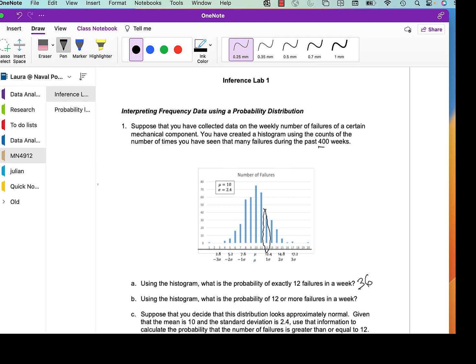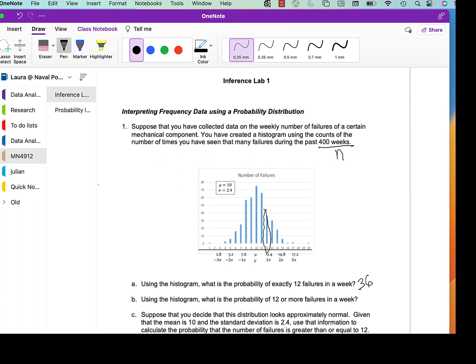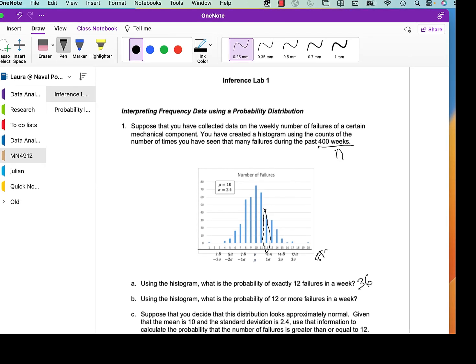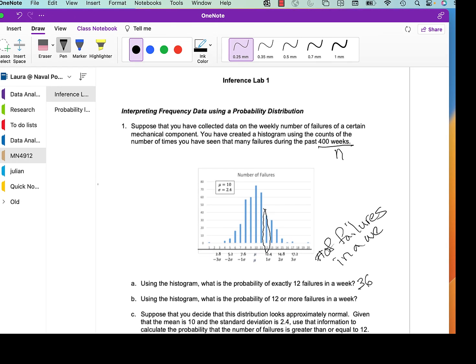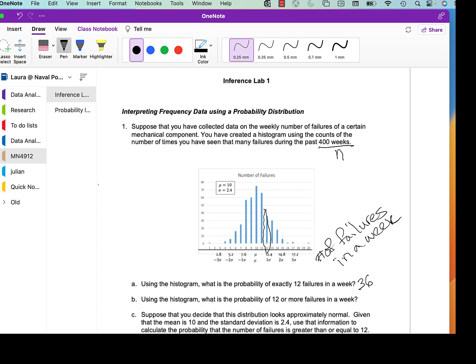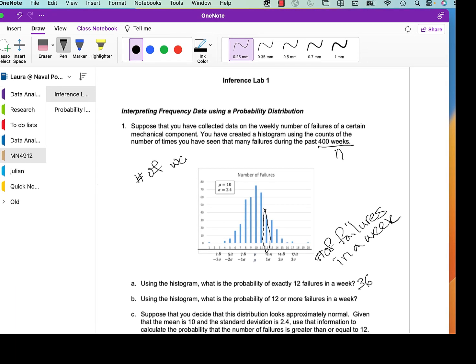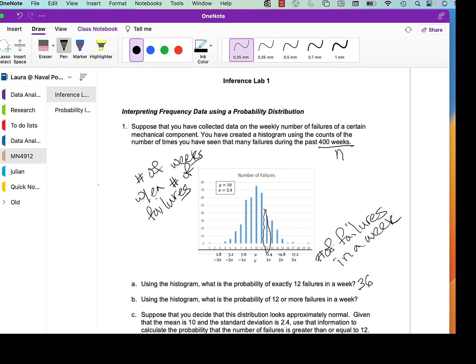We know that n is 400, right? Down here, this is the number of failures in a week. And over here, this is the number of weeks with each number of failures on our y-axis.